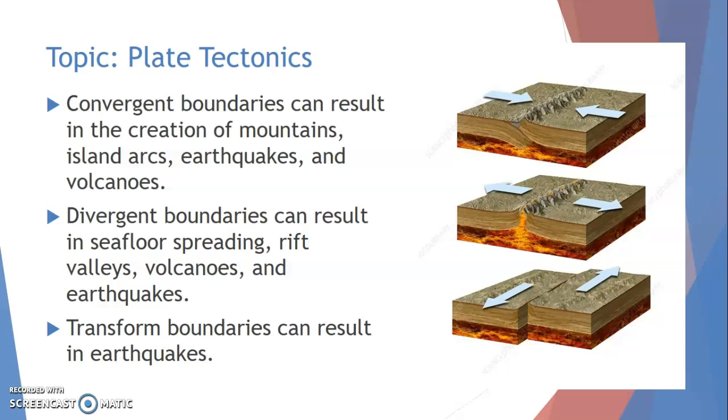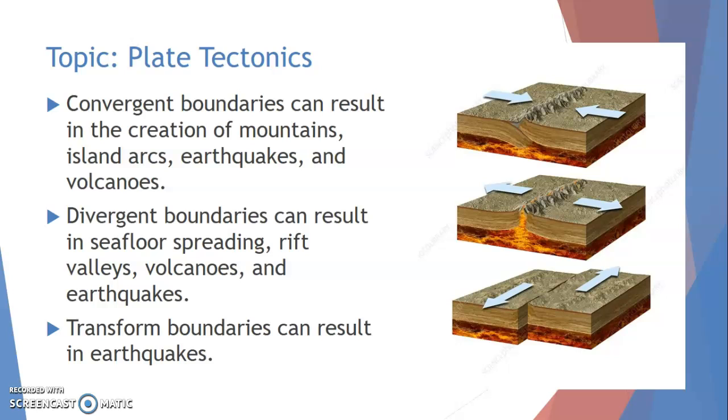And then with our plates moving, we have these boundaries happening. So if there's a convergent boundary, the plates are coming together. All right, divergent boundaries, if you diverge, you're moving apart. So divergent boundaries can result in seafloor spreading, rift valleys, volcanoes, and earthquakes. So if we take a look at this, volcanoes can occur along both convergent and divergent boundaries.